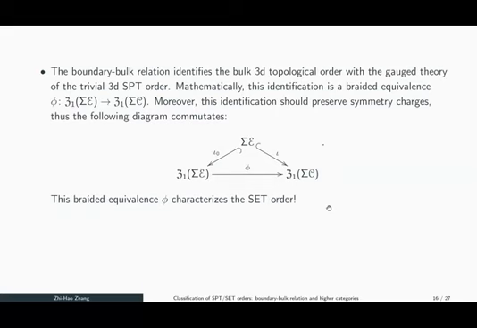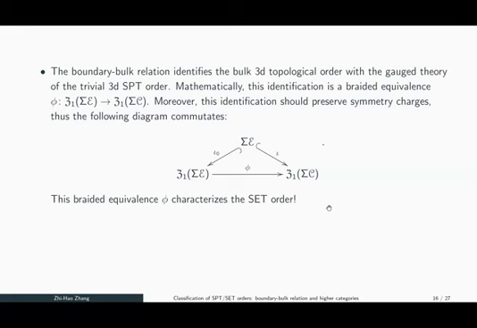So mathematically, this is a braided equivalence from the Drinfeld center of E to the Drinfeld center of C. And this identification should preserve the symmetry charges. So we have the following commutative diagram. And this braided equivalence phi, just as in the 1D case, should characterize the SCT order.